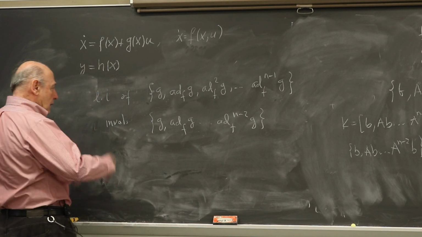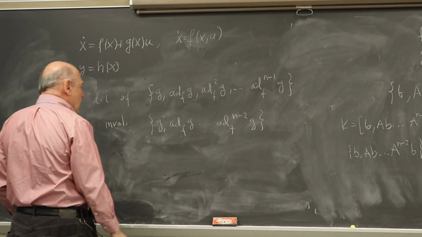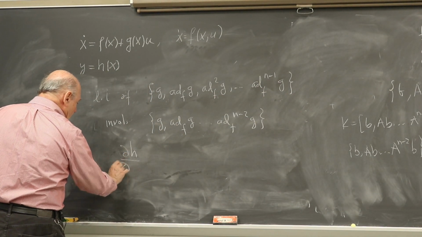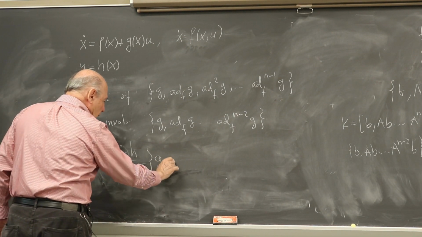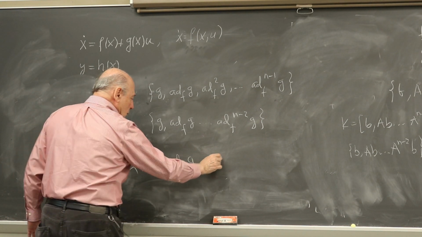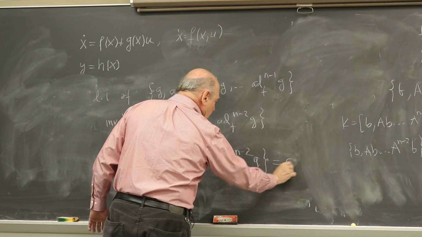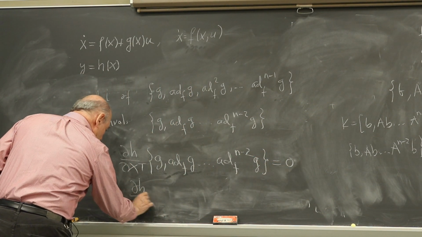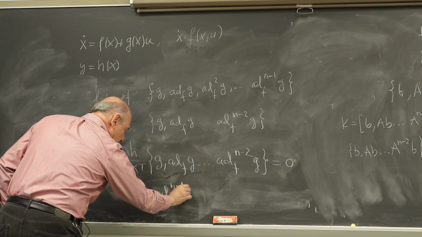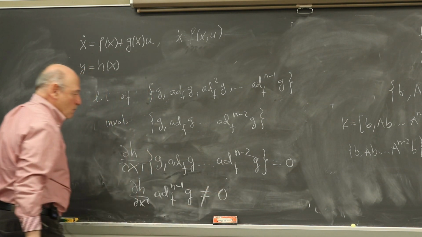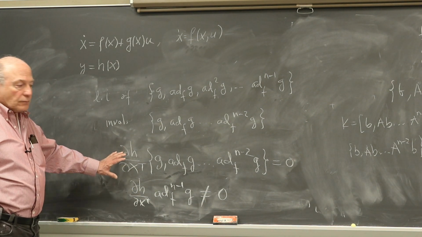So hidden in that chain of integrators will be the fact that there exists an integrating function h such that the gradient of h times any of these vectors will give you a 0, and that h will also satisfy that the product with the last vector field is different from 0. Relative degree n of h, and this has to be true.